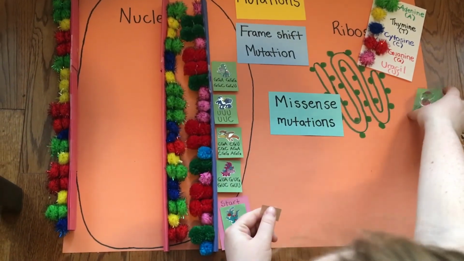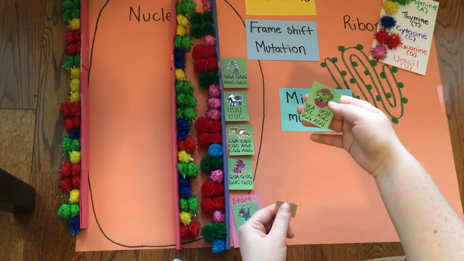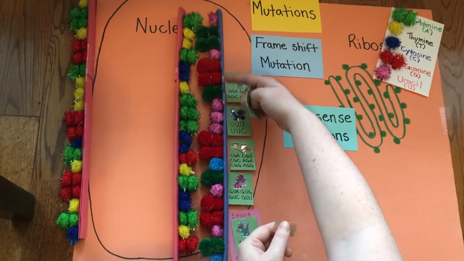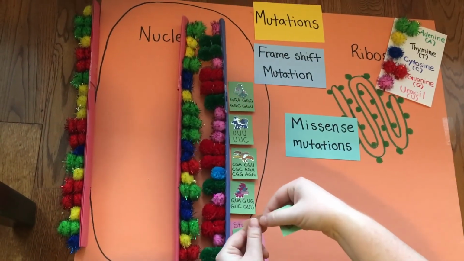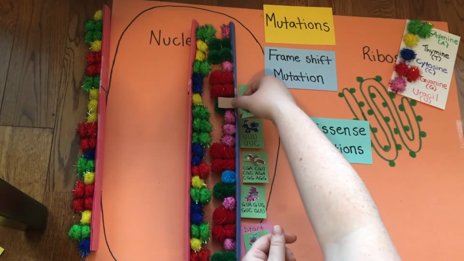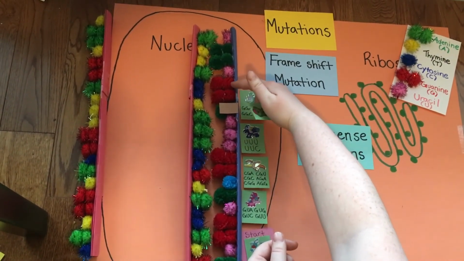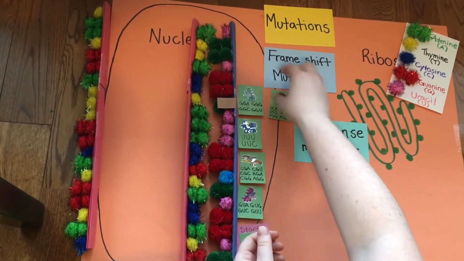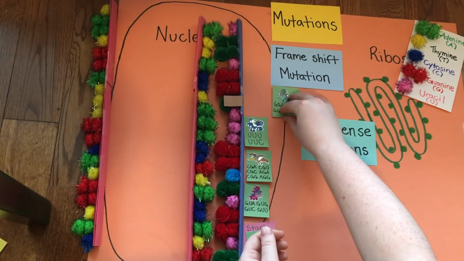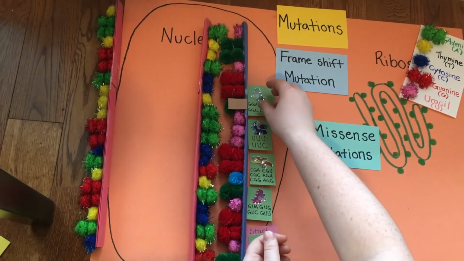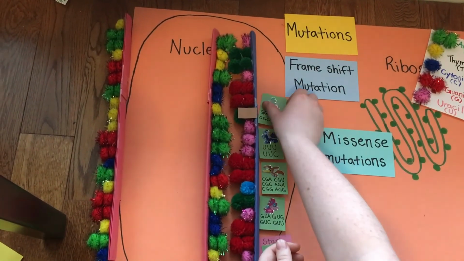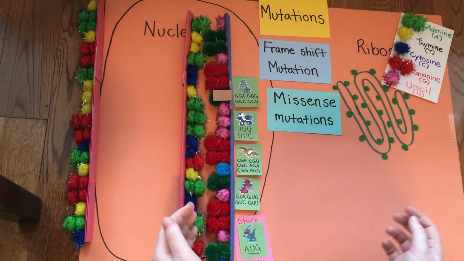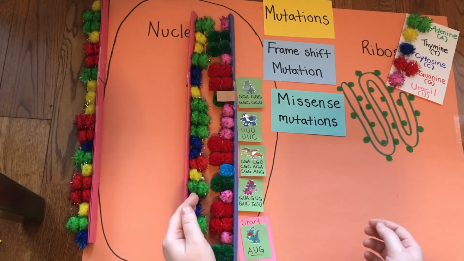We went from AGG here, and once we deleted it, we now have a new amino acid of GGU, which was replaced here. Perfect. Now that is the end of our lesson on protein synthesis.